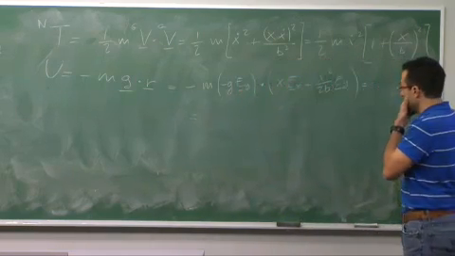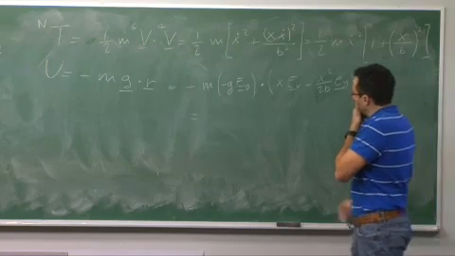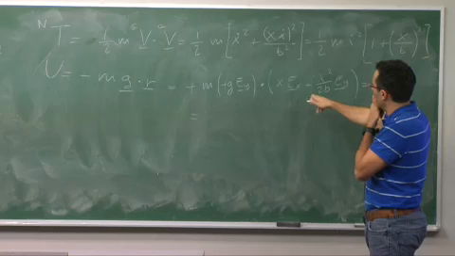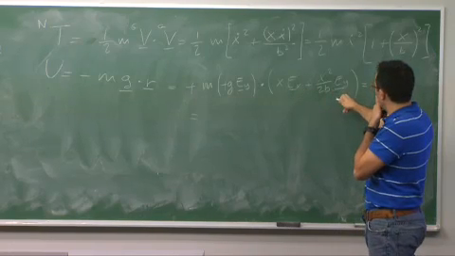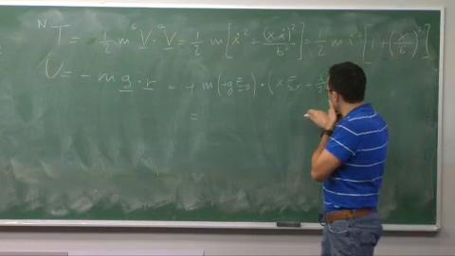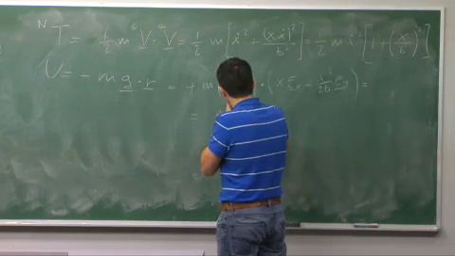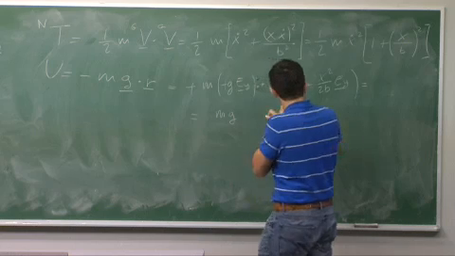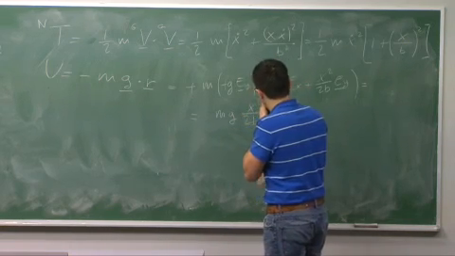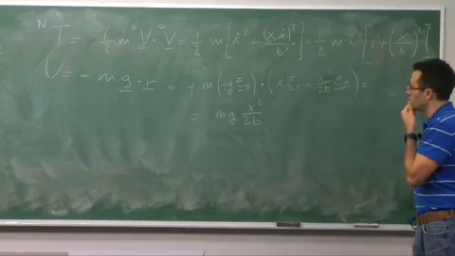Correct? Okay, these minuses go away here. ey dotted with ex is 0. All I'm left with is this ey here. And so I have mg x squared over 2b. That's it?